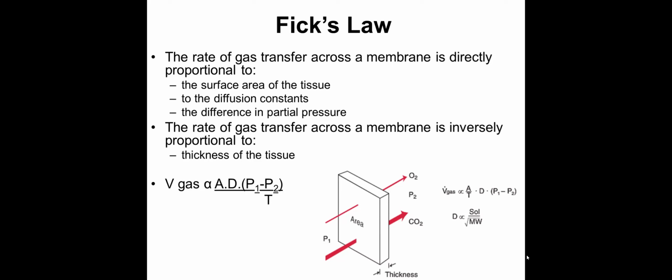And this would be the difference in pressure between the alveolus and the capillary, if we're talking about that, divided by the thickness. So it's inversely proportional to the thickness. So think about this. What does this actually mean? Can you explain this in your own words using the alveolar capillary membrane?